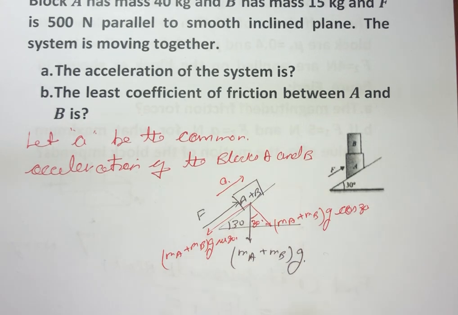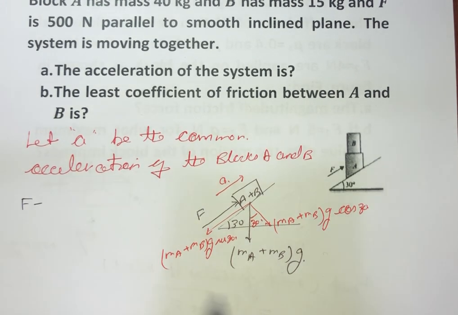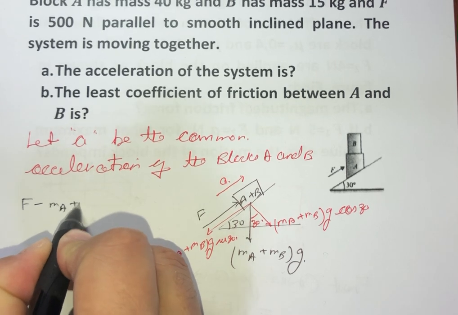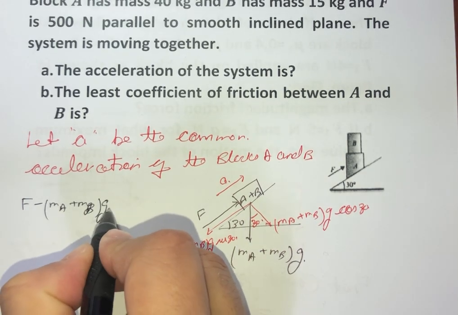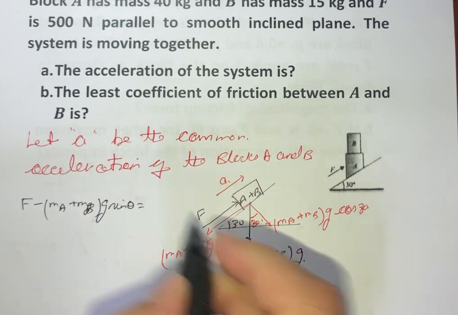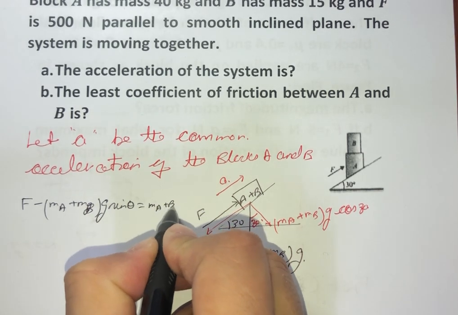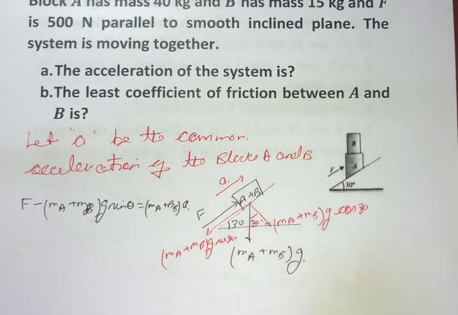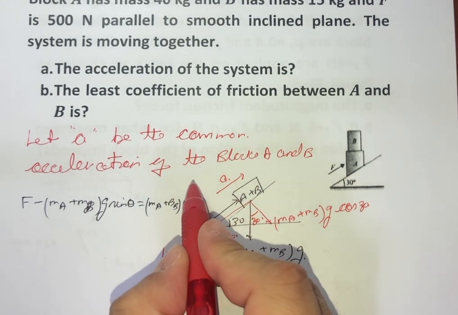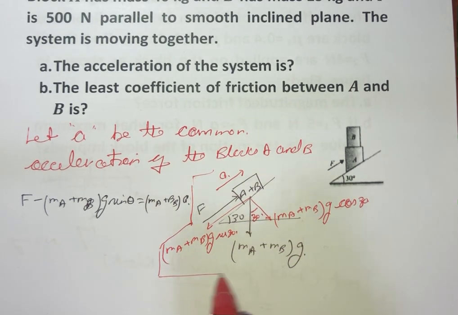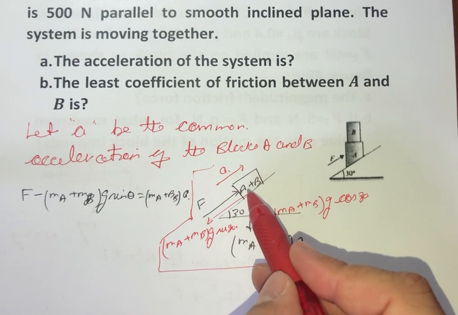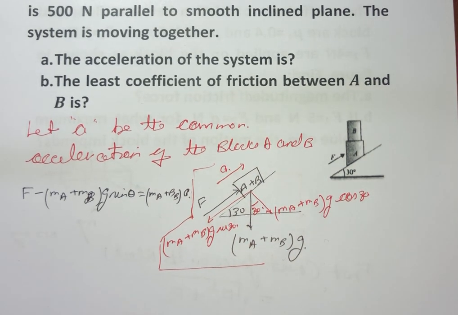Based on this, we can write the equation as F minus (MA plus MB) G sin 30 is equal to (MA plus MB) multiplied by acceleration A. This is the equation of motion when the combined blocks A plus B are moving together up the inclined plane.